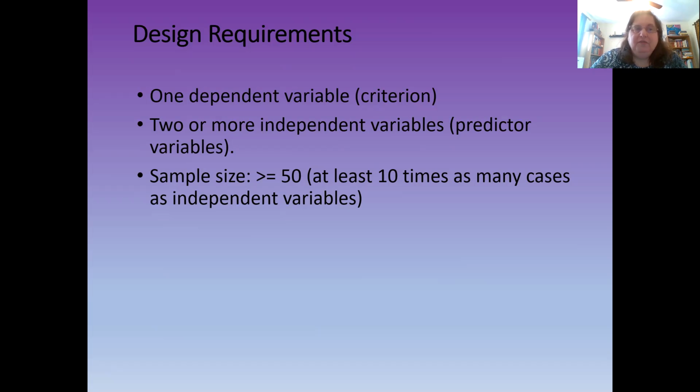So if you had 5 independent variables, 5 times 10, 50. But even if you have 3 independent variables, you still want at least 50. And if you have 10 independent variables, you'd want at least 100. Okay. So the more independent variables you have, the more participants you tend to need. Okay. All right. So that's just a rule of thumb.